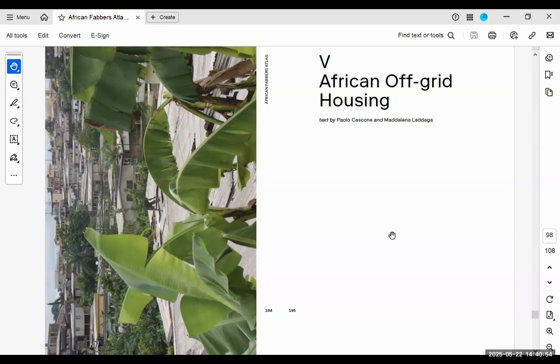So each project here has a different story, guys. Some of these projects were completely self-sponsored and somehow coming from a specific request from a local community.